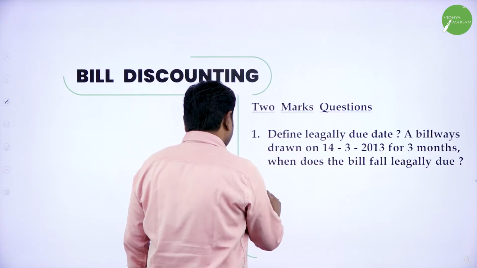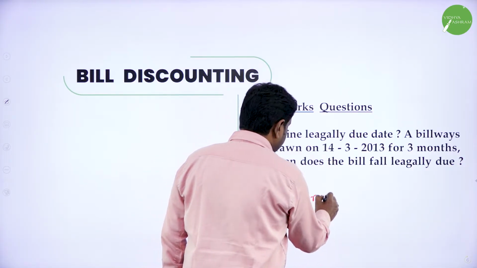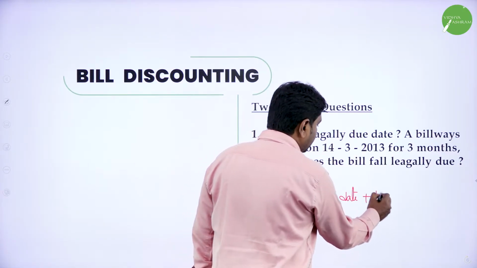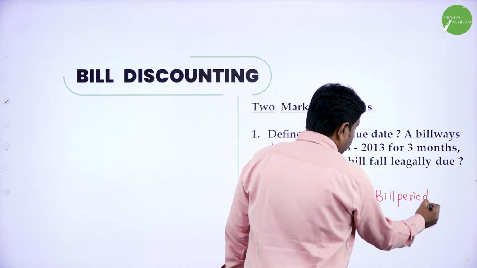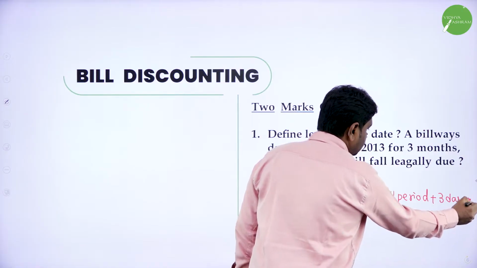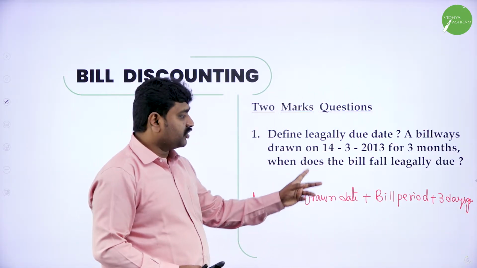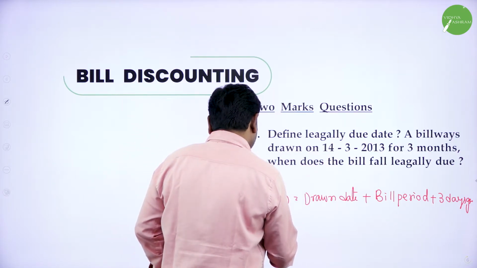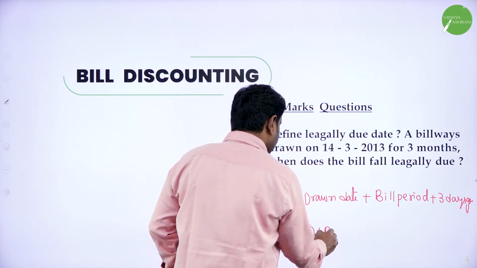So you can write the formula: legally due date is equal to the drawn date, on what date it is drawn, plus the bill period, plus 3 days grace. So LDD is DD plus BP plus 3. Legally due date is drawn date plus bill period plus 3 days.